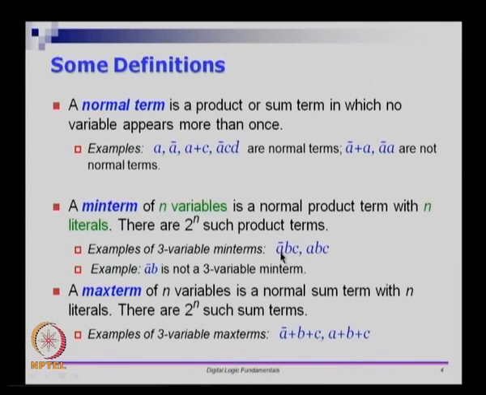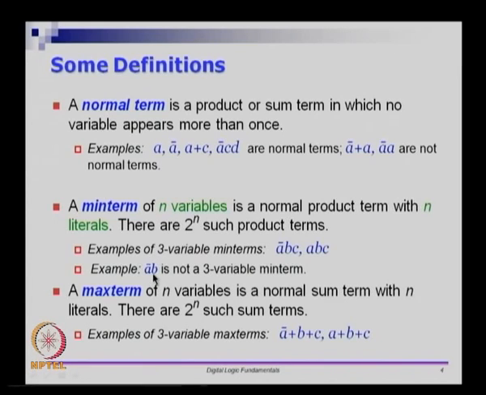A is in its complemented form a bar, which is a literal, b is another literal, and c is another literal, and I have a product of these 3, which takes care of the product part. Finally, it is normal because none of a, b or c is appearing more than once. So, a bar bc is a min term, and abc is also a min term. A bar b cannot be a 3 variable min term because a 3 variable min term should contain 3 variables.